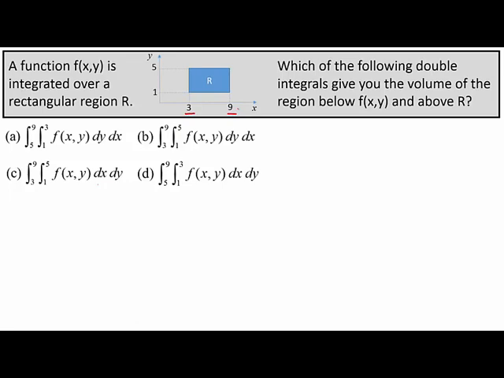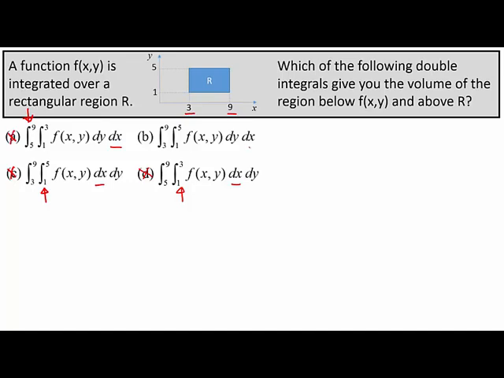So look at part C. Dx comes first, and therefore these limits of integration are for x, and we notice that they do not correspond to our region R. So we can eliminate part C. For part D, dx comes first, so these limits of integration are for x, and again they do not correspond to R. For part A, notice that the dx is here, so this dx means that the outer integration limits are for x, and again they do not correspond to the region R, so A is out.